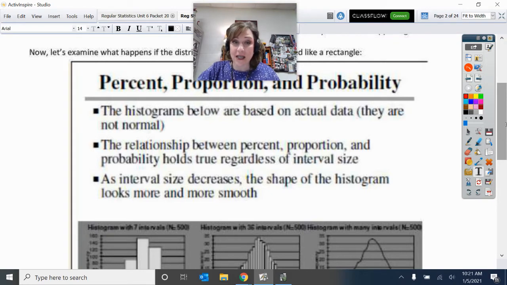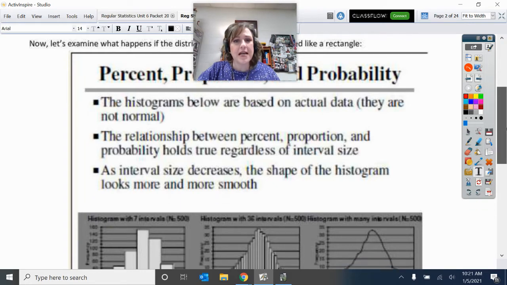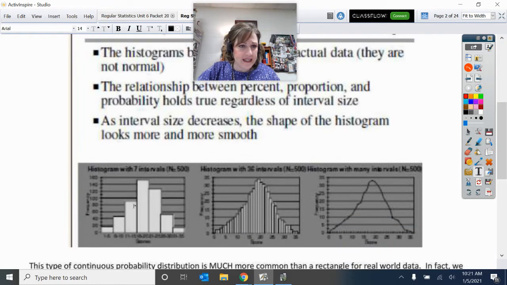Everything is not equally likely. So we end up with things such as this. A lot of times the thing that is expected is more likely to occur and is going to happen more frequently. And then things that are farther away from what's expected are going to happen less frequently.